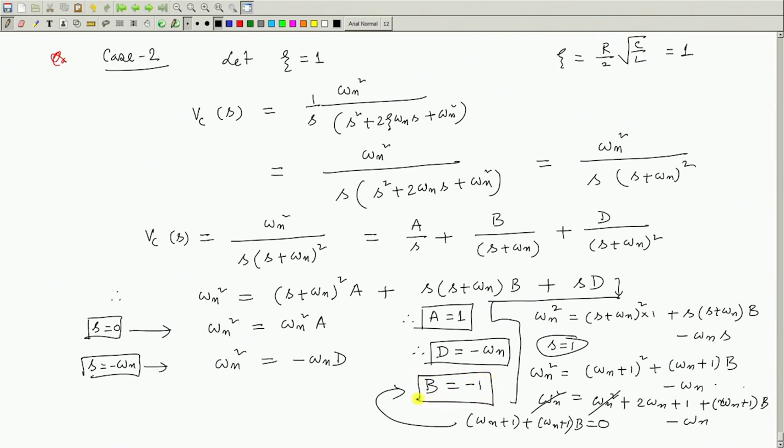Got the point? Those who are very fast at your age can quickly get these three constants A, B, D. I have not assumed this to be C, as it may confuse with the capacitance value.